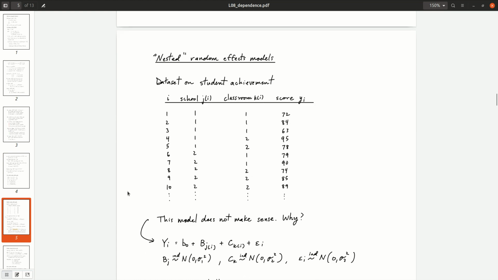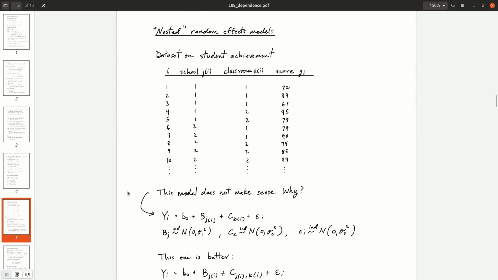All right, oftentimes we see what people call nested random effects models. We're going to look at a specific example to show you what I mean by that. So here's a data set on student achievement. Each row in the data set is a specific student, labeled with i.